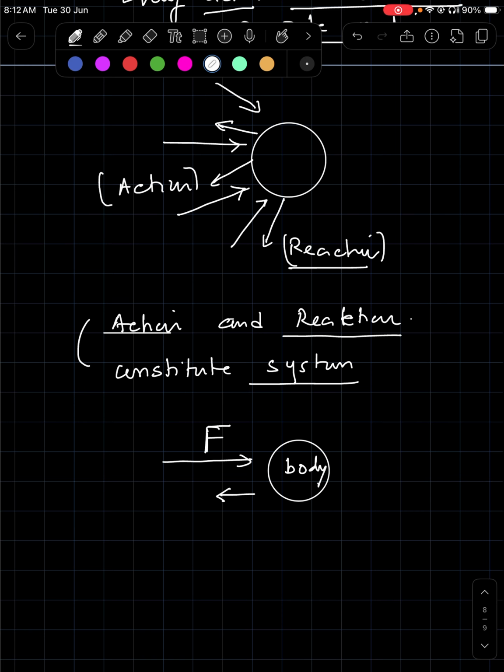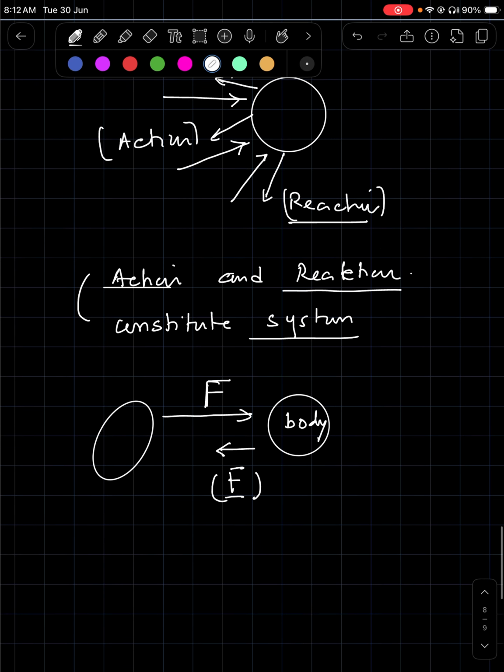This body will exert in its response the same amount of force acting on another body, right? This force must be acted on another body. So you have to bring another body in the picture who is giving the force on this body. Otherwise, there is no meaning of the reaction force, right? So reaction force must be acted on some other object.